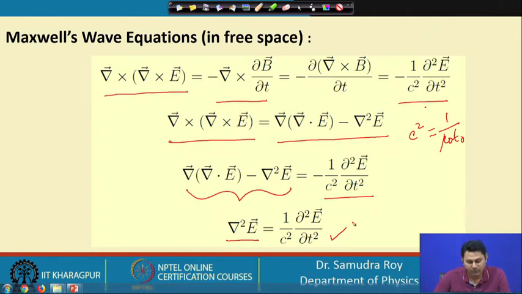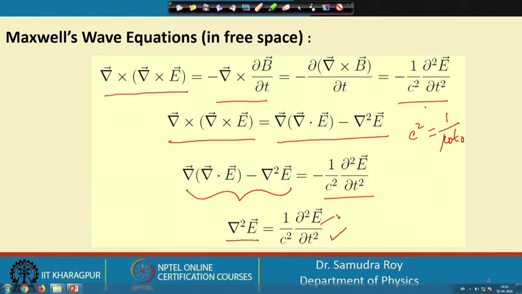The form of the wave equation is the same. So from Maxwell's four equations, I derive Maxwell's wave equation, and when I do that, we find that these four equations can be adjusted in such a way that I can have a wave kind of thing.